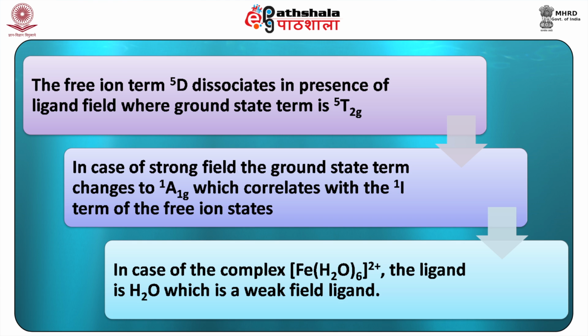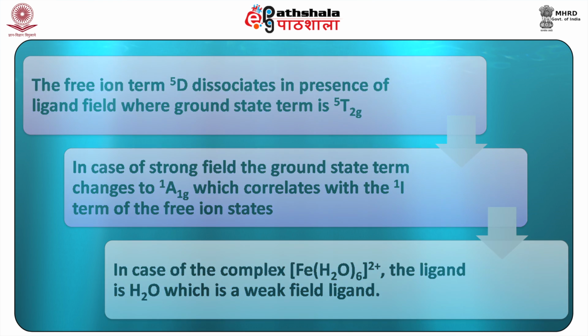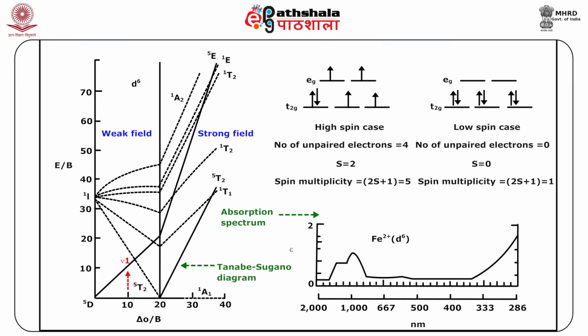In case of the iron 2+ complex, the ligand is H2O, which is a weak field ligand. Thus, looking at the left part of the Tanabe-Sugano diagram, it can be noted that only a single spin allowed transition is possible from 5T2g to 5Eg state.